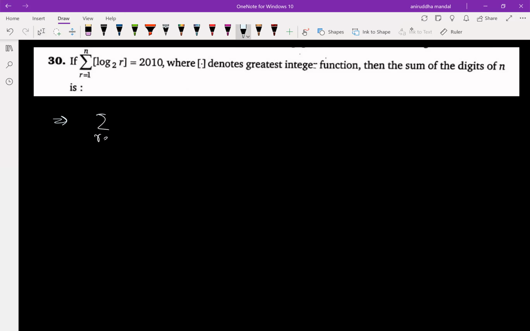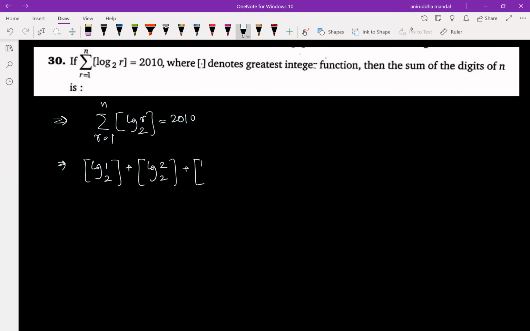So this is sigma from r equals 1 to n, greatest integer of log r base 2, equal to 2010. If we open the sigma, we can write this as log 1 plus log 2 plus log 3 and so on, the last term being log n, and this is 2010.